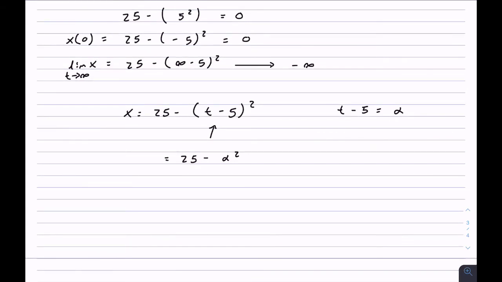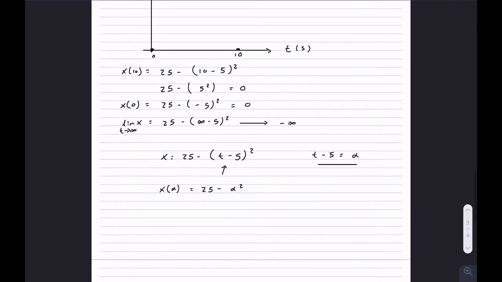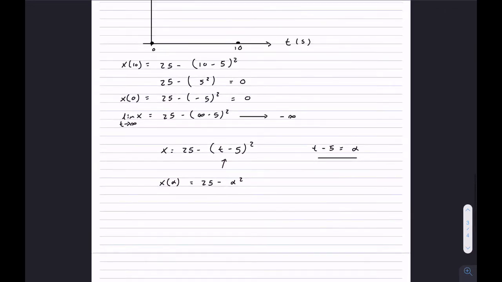And this is x of alpha. Now, because we've made a substitution, from our graph, we've already pointed out that we're going to be shifted up by 25. We're also going to be negative. So this is a quadratic form, and it's going to be negative. So that's really my point here with alpha, is that this is going to be an upside down parabola.